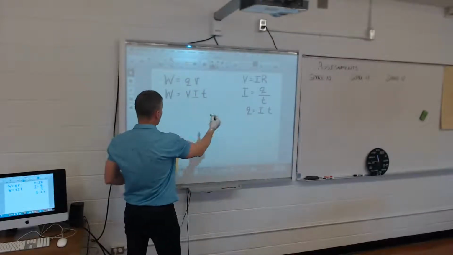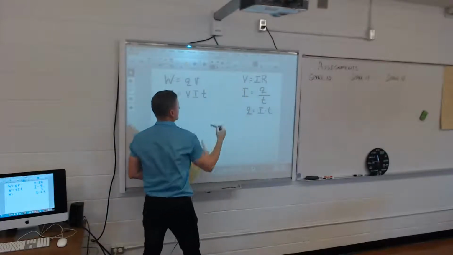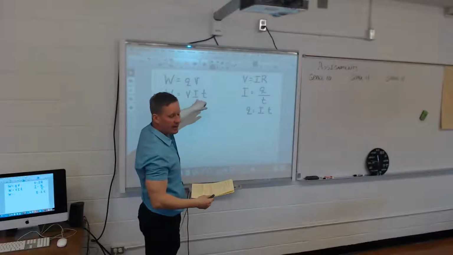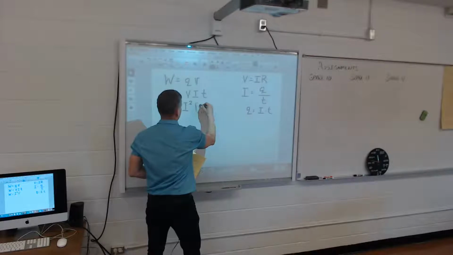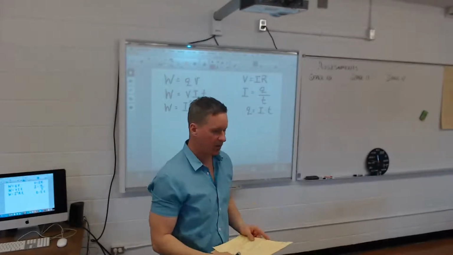Now, if I just manipulate this and, instead of using V, I use IR, I can get I squared RT as one of my equations as well.